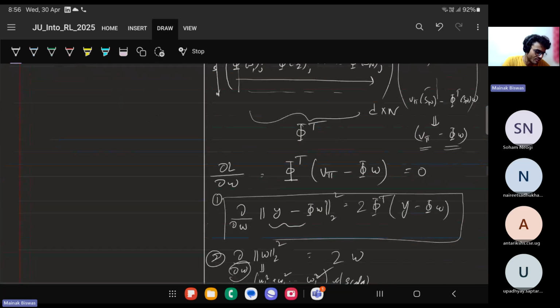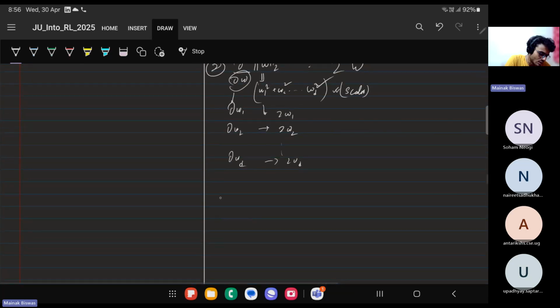Right? So you get this vector dL/dW equal to 0. So this becomes phi transpose (V pi minus phi W) equal to 0. So now we can write this as phi transpose phi W is equal to phi transpose V pi.